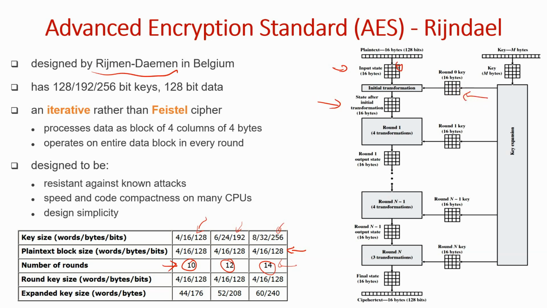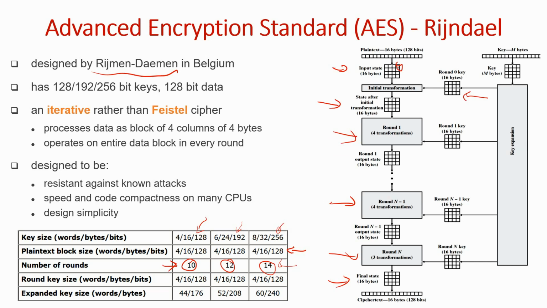Okay, and then it gets passed into rounds. In each round, there are repetitive operations of substitution and permutation that happen on the state matrix, changing the contents of the matrix itself until you actually reach the final state matrix, which is also obviously equal to 16 bytes or 128 bits, and this becomes your ciphertext.